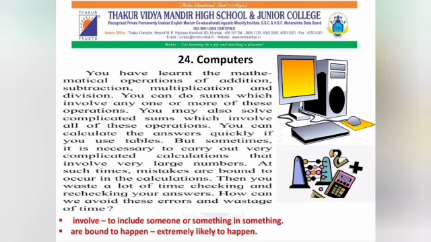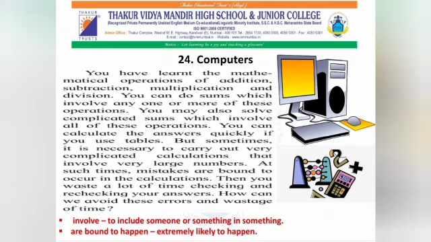You can calculate the answers quickly if you use tables, but sometimes it is necessary to carry out very complicated calculations that involve very large numbers. At such times, mistakes are bound to occur in the calculations. Then you waste a lot of time checking and rechecking your answers. How can we avoid these errors and wastage of time?